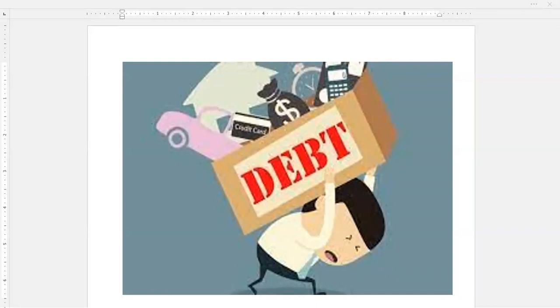So there's basically two broad forms of troubled debt restructuring. Two alternatives, if you will. The first one is settlement. In this situation, the lender and the borrower agree that the lender is going to accept some amount of cash or some other asset to consider that debt settled. So we'll look at examples of that.